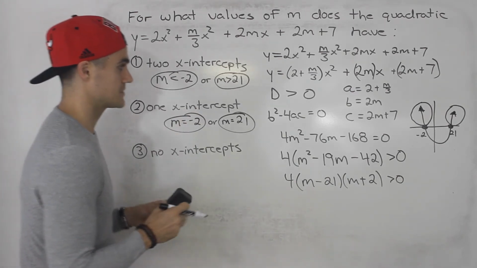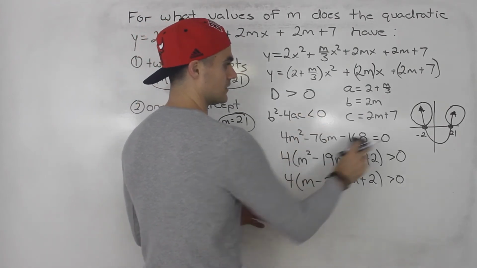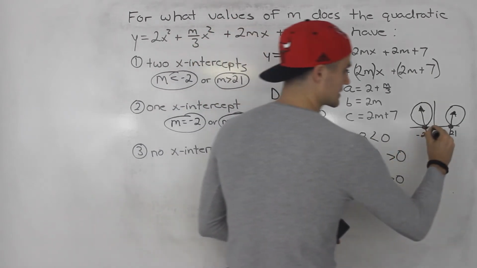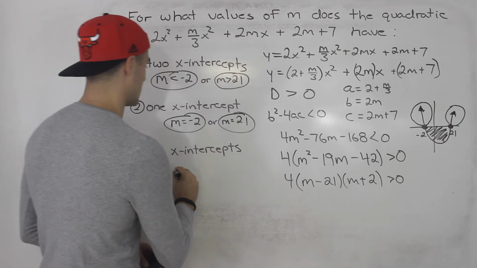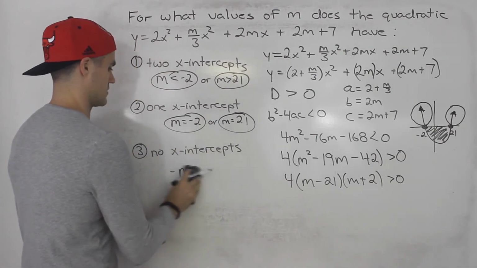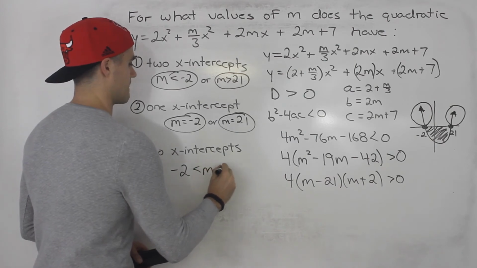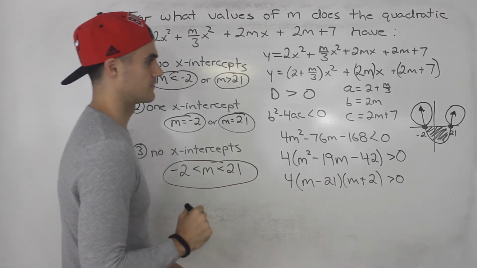And no x-intercepts, that's going to happen when the discriminant is less than 0. So we'd be solving here, when is this less than 0? It's less than 0 over here, that's when it's negative. So basically, in between -2 and 21, right?